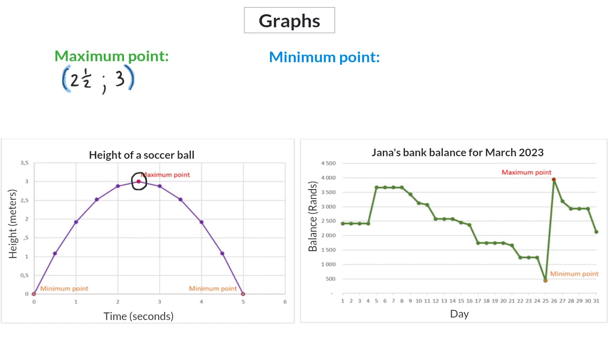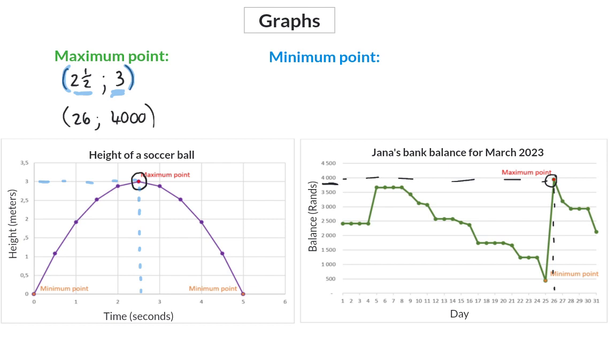We always start with the value that we read from the horizontal axis, which is our 2.5, and then we read the value from the vertical axis, our maximum height of 3. For the second graph, Jana's maximum bank balance is at 26 days, and that will be exactly 4,000 Rand. So the maximum point is (26; 4,000).